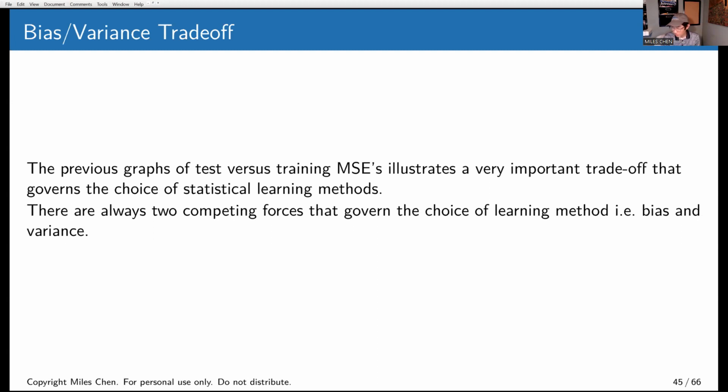Those previous graphs of the test data versus the training data mean squared error show an important trade-off that helps us decide what kind of statistical learning method we should use, and ultimately what model we want to pick, right? The bias versus the variance.